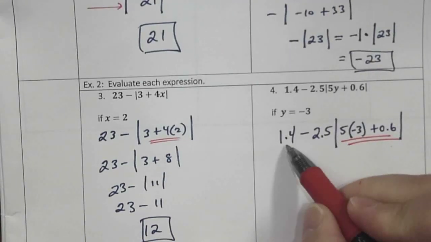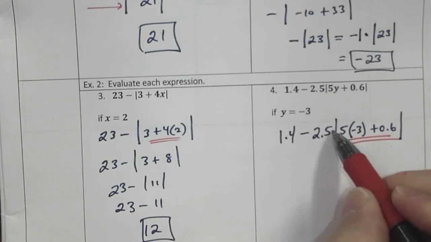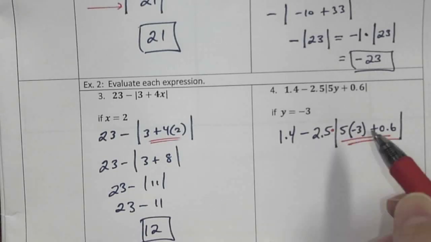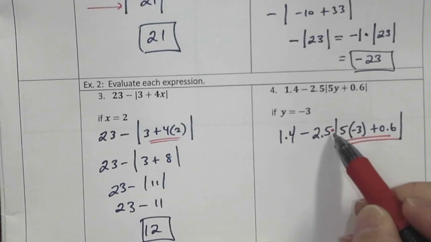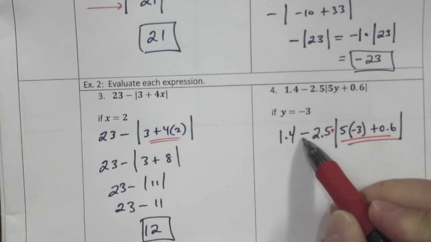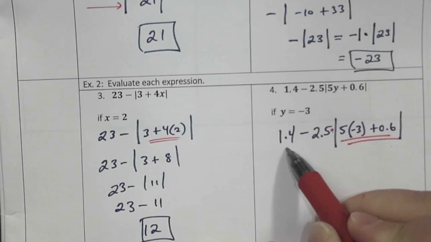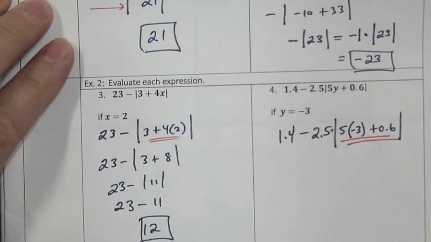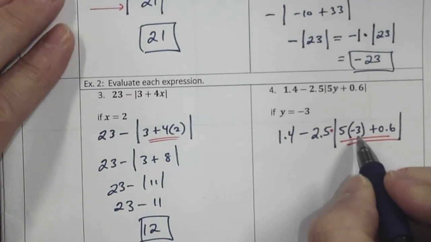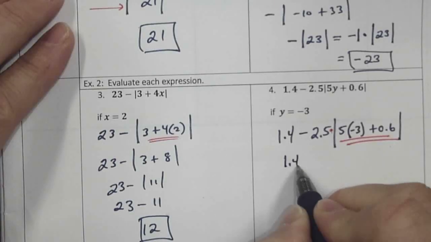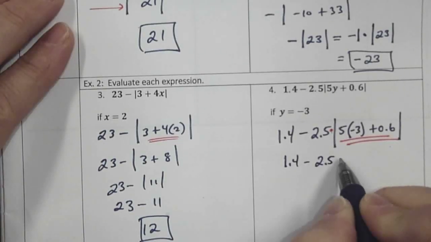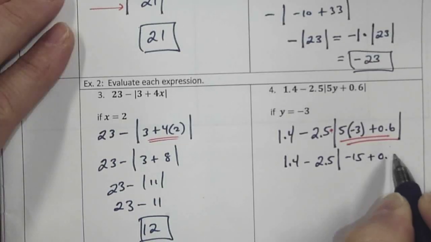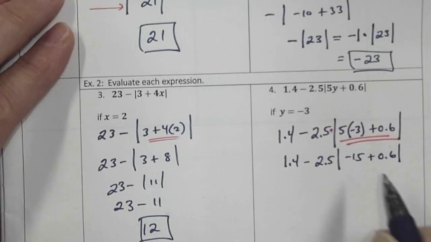No. This is 1.4 minus 2.5 times the absolute value. And order of operations says we have to do the multiplication before we can do the subtraction. So these two numbers cannot be combined. We got to start in here. 5 times -3 is -15. So 1.4 minus 2.5 absolute value -15 plus 0.6.